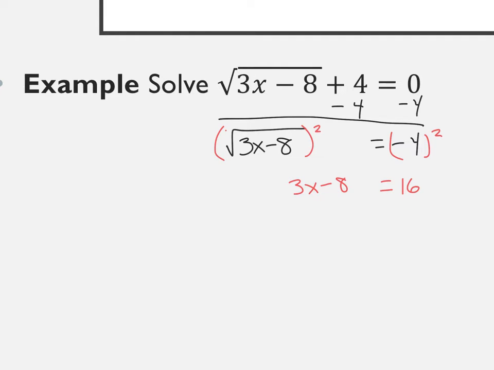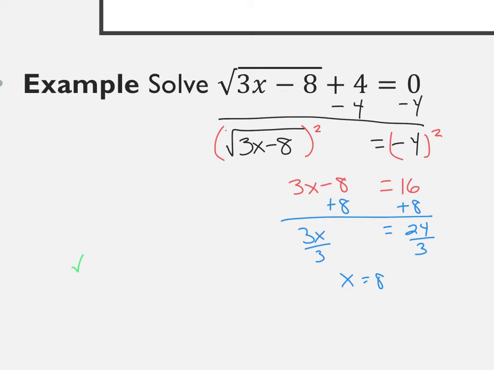And now we're going to say, okay, how do we solve for x? Well, we're going to add 8 to isolate the x. So 3x equals 24, and then divide by 3. And we do get x equals 8.